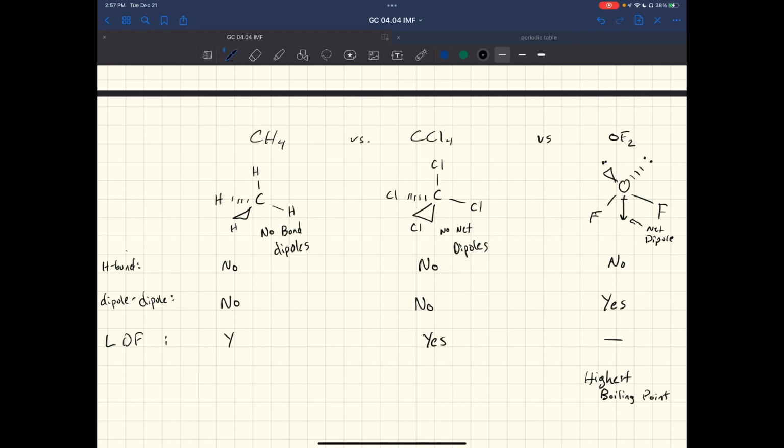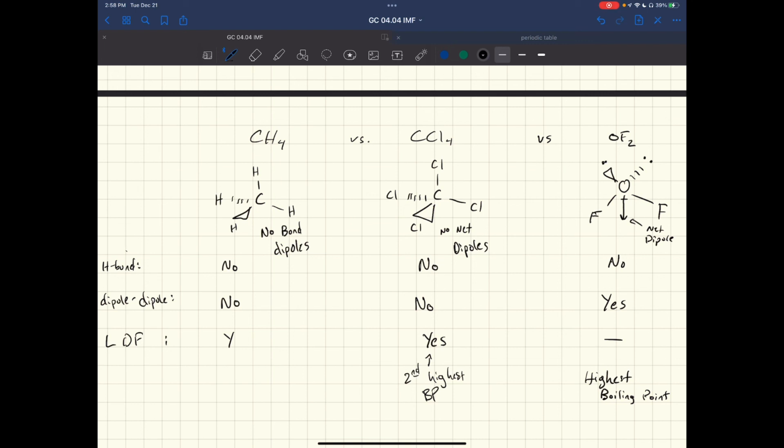Now, if I asked you to make a decision between the other two, well, you know that these are London dispersion forces, and London dispersion forces increase with molar mass, which means that this one is going to have the second highest boiling point, because it has a greater molar mass.